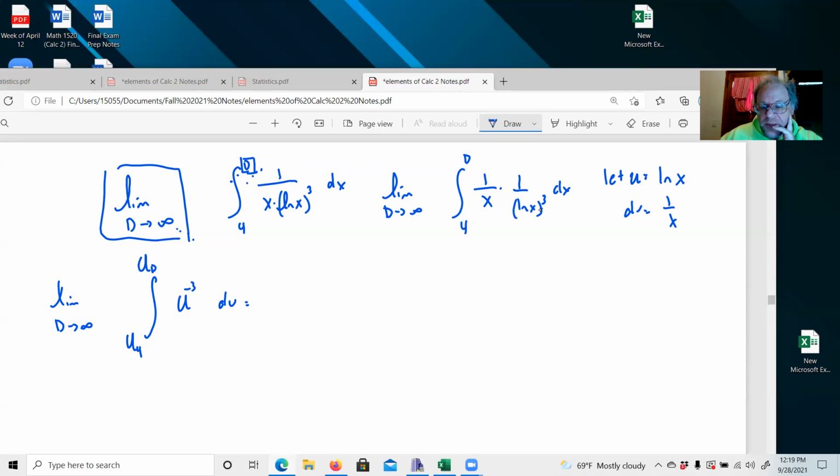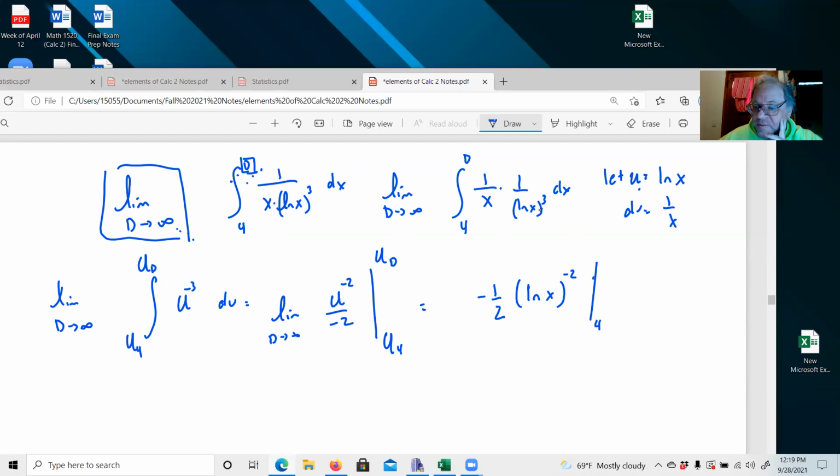Integrate as normal, so we get u to the -2 over -2, going from u evaluated at 4 to u evaluated at D. This was -1/2. What was u? u was natural log x. So this is -1/2 ln x to the -2, going from 4 to D, limit as D goes to infinity.